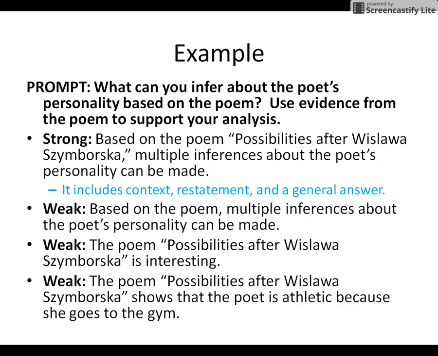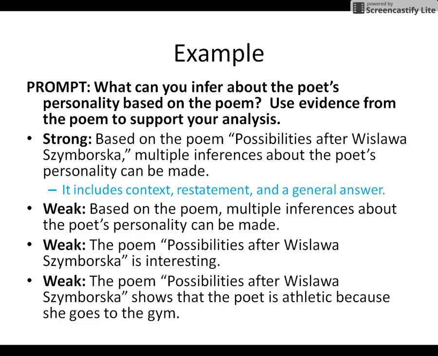So if we use the same prompt from earlier, we can write a strong topic sentence. Based on the poem Possibilities by Wisława Szymborska, multiple inferences about the poet's personality can be made. This statement provides context, which is the title of the poem, restates the prompt, and provides a general answer by stating multiple inferences can be made.